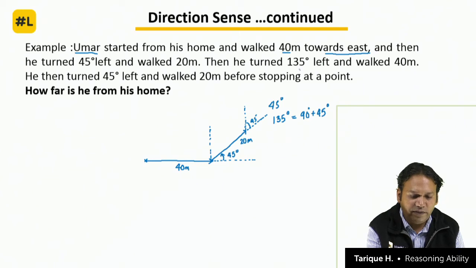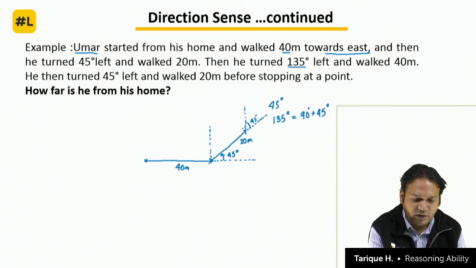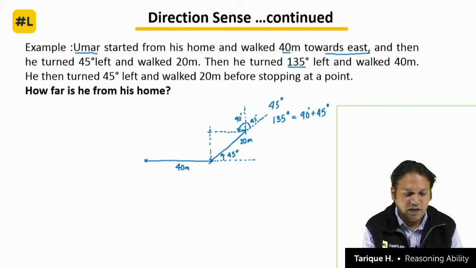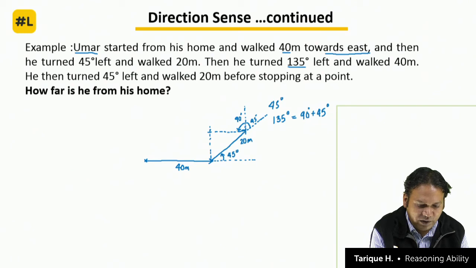Now he is turning 135 degrees, that means 90 plus 45. So again, if I take 90 degrees more, that's a total of 135 degrees, and walked 40 meters. So from here he will walk 40 meters, something like this.